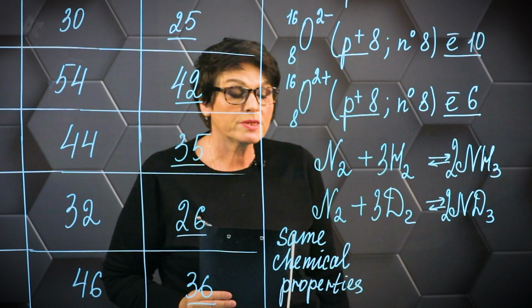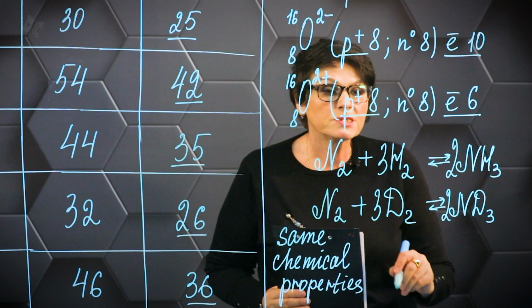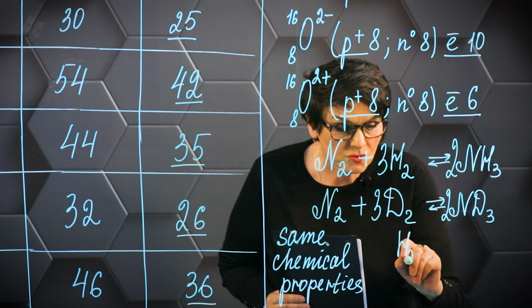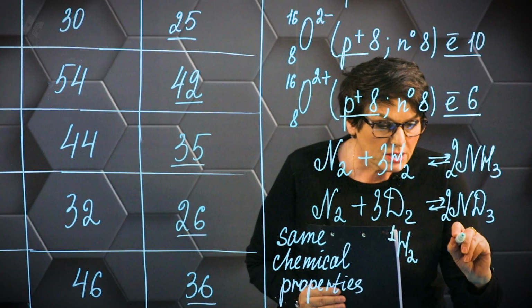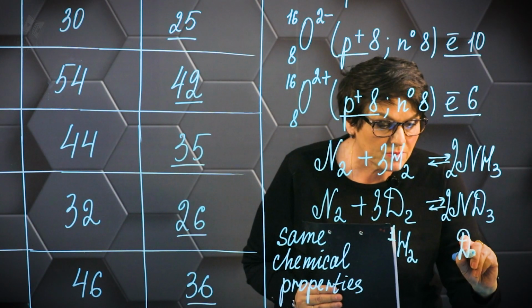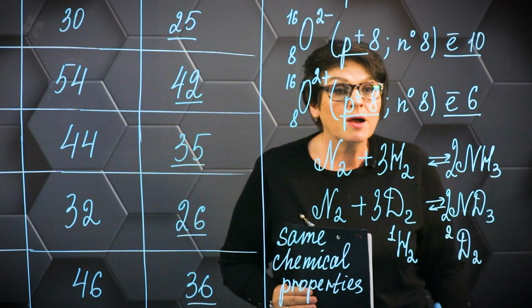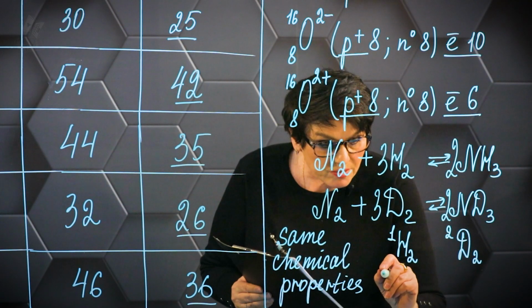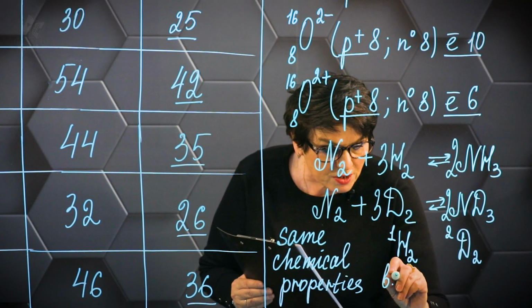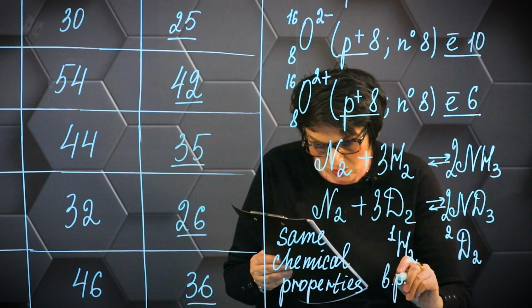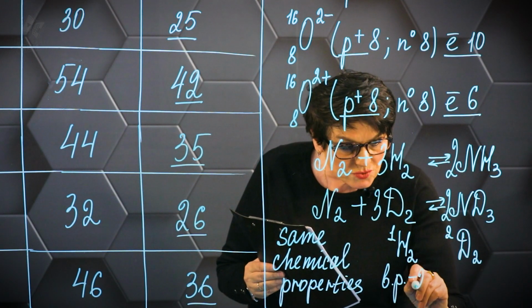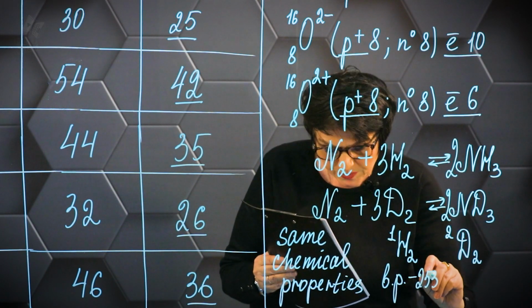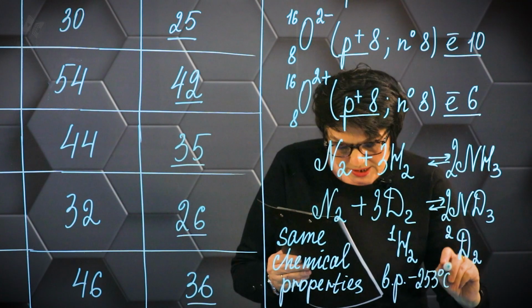But nevertheless, the isotopes are different, because if we take, for example, hydrogen with mass 1 and deuterium, which has mass 2, look how they differ in terms of physics. For example, the boiling point for hydrogen H2 will be minus 253 degrees Celsius, and for deuterium it will be minus 250 degrees Celsius.